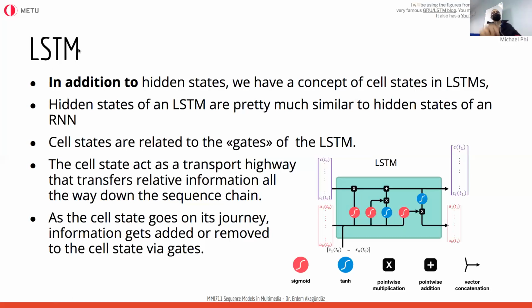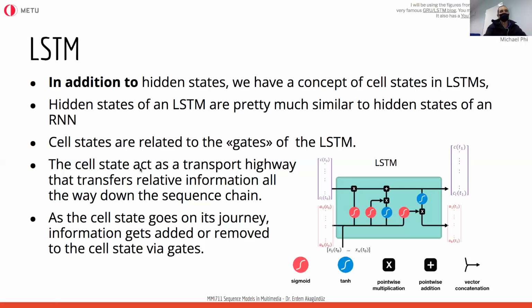Okay, so in addition to hidden states, we have a concept of cell states in LSTM. Hidden states of an LSTM are pretty much similar to hidden states of an RNN. Cell states are related to the gates of the LSTM. The gates will create the LSTM. Hidden states are also affected by the gates, but cell states are designed to be affected more dramatically by the gates of the LSTM.